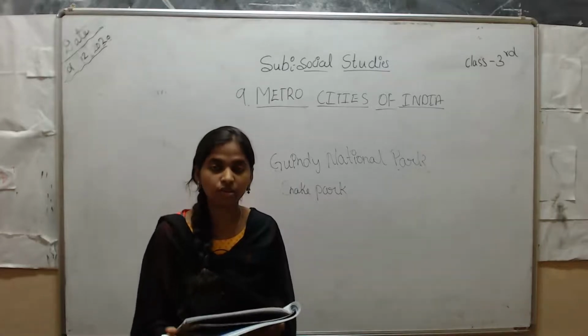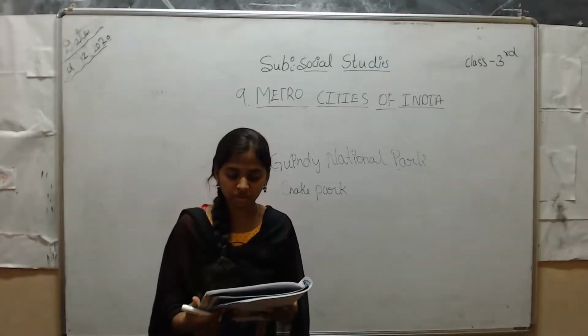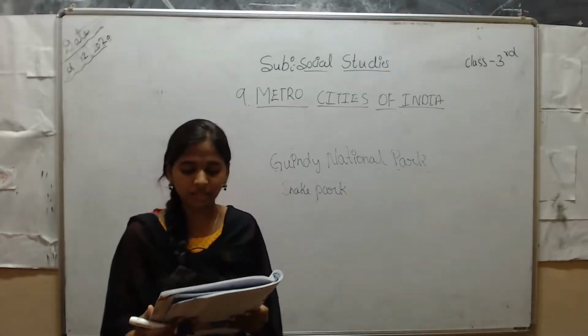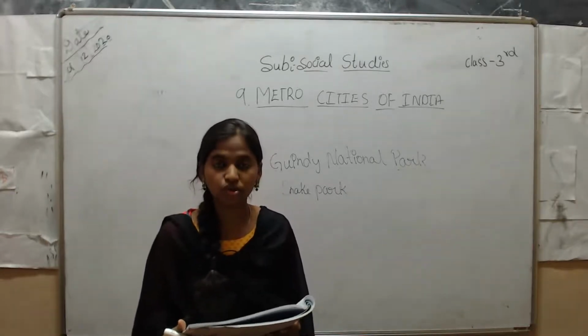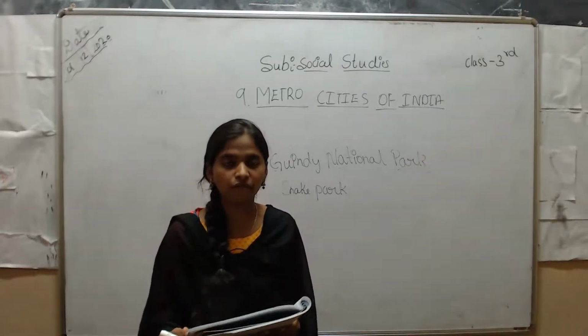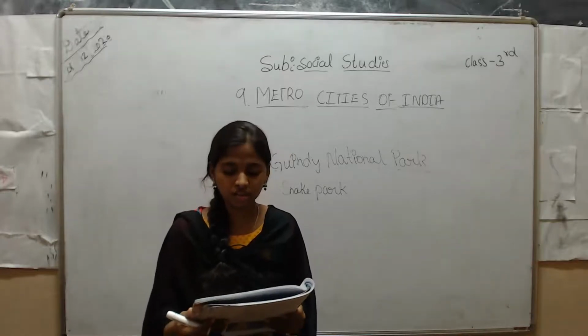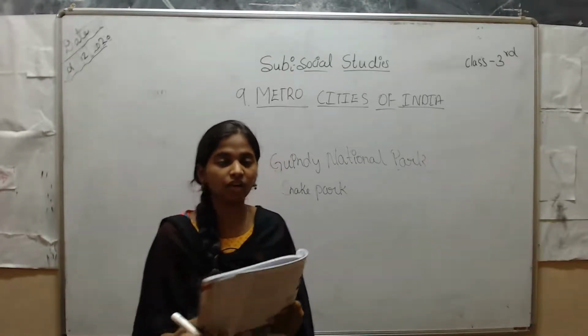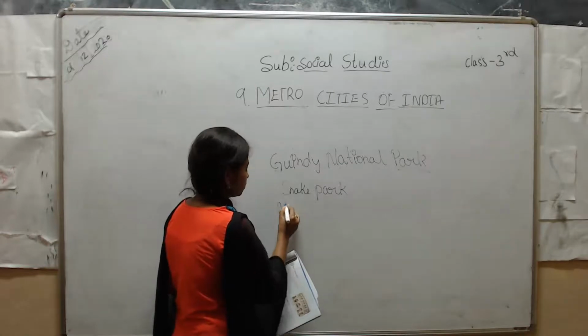So there are several museums in Chennai, like the Government Museum and Villa Planetarium. The Government Museum has a huge reading room and a total of 46 galleries. So this Chennai city has so many museums.